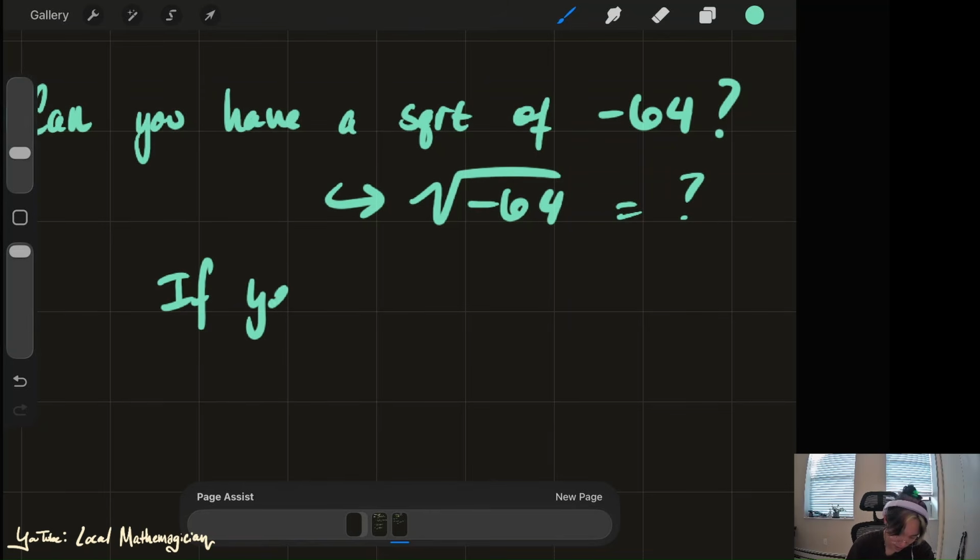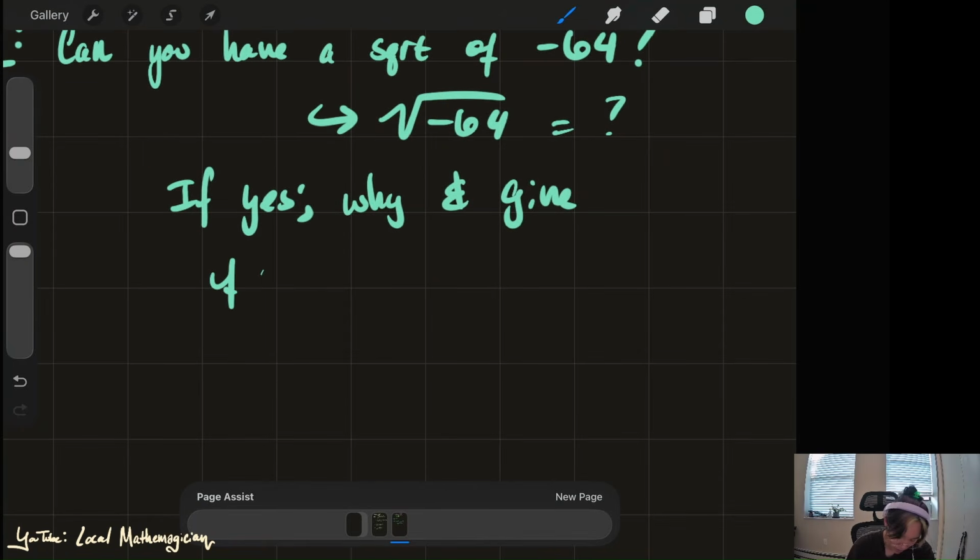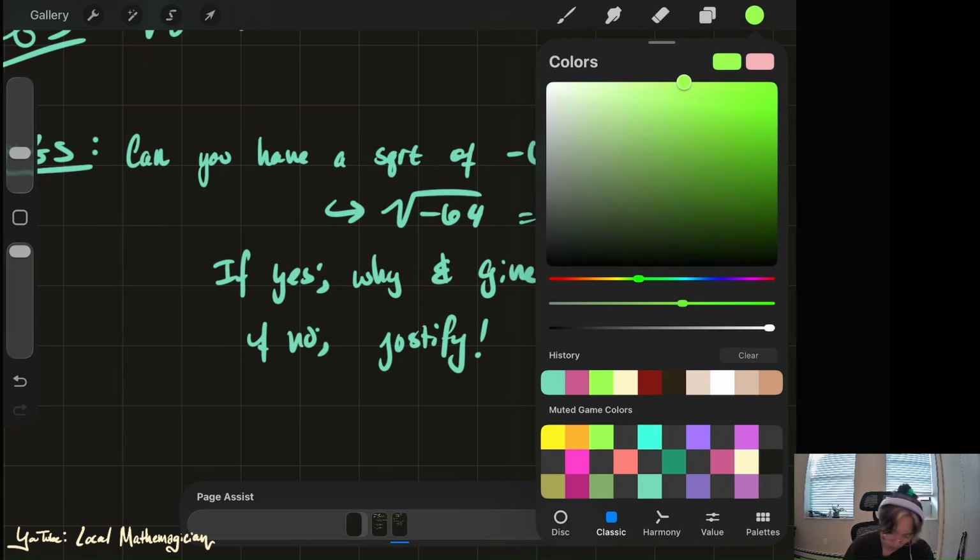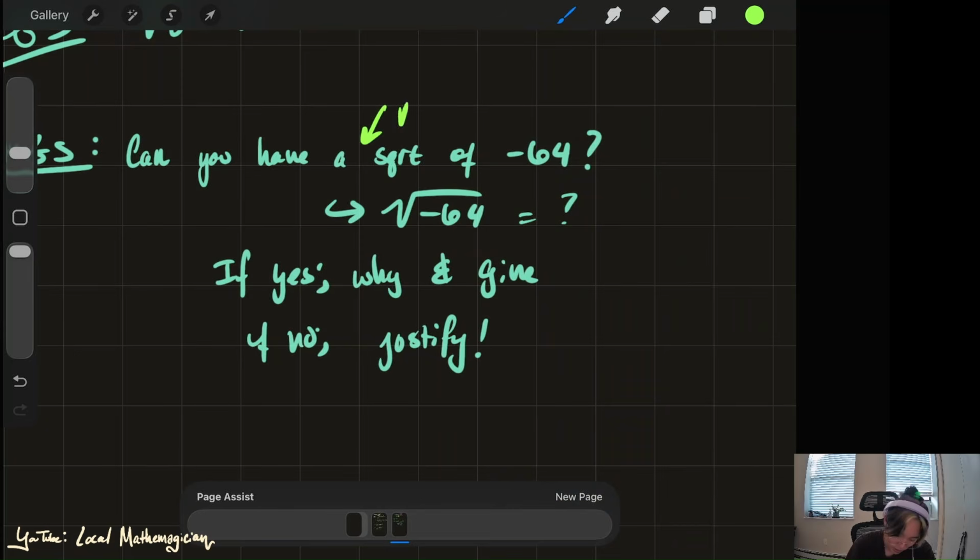If yes, why, and give it. If no, justify. Okay? In particular, we want, can you have a real square root? So like 7, 15, 35.